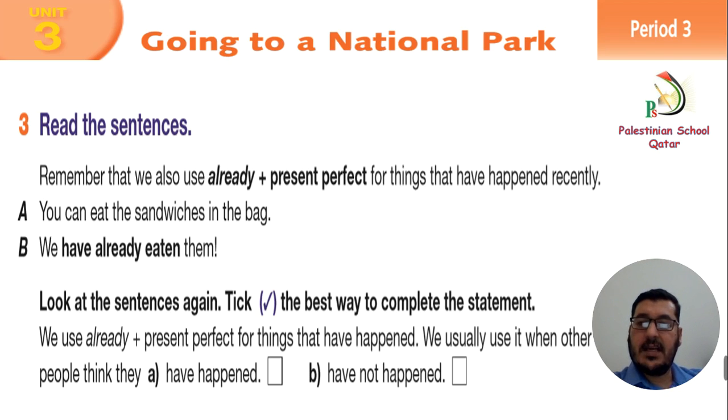Okay, we have exercise number 3. Read the sentences. Remember that we also use already, with present perfect, for things that have happened recently. A. You can eat the sandwiches in the bag. B. We have already eaten them. So look at the sentences again. Tick the best way to complete the statement. We use already with present perfect for things that have happened.